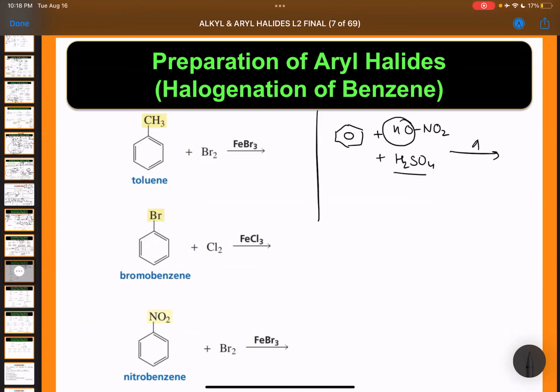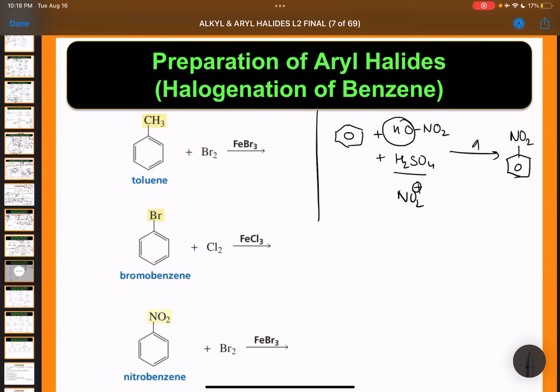So OH is removed, so you end up with NO2 plus, which is an electrophile, and the same thing happens with NO2 plus. It goes and forms a sigma complex, H plus will get removed, and you have nitrobenzene. So it is not that you always take Lewis acid, but you need to make sure that if you are doing an electrophilic aromatic substitution, you need to generate that electrophile.